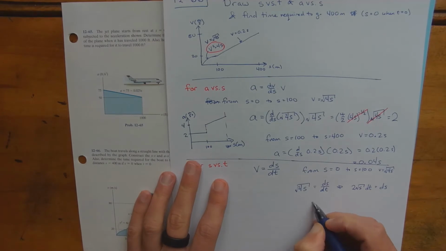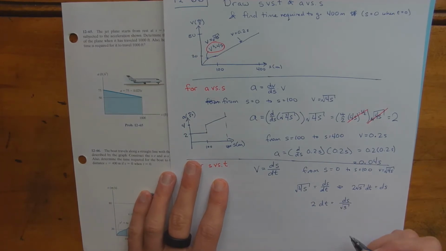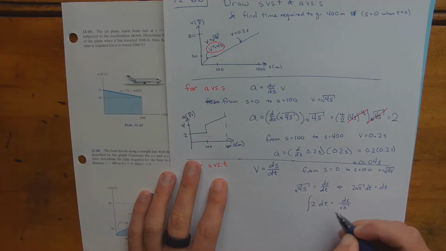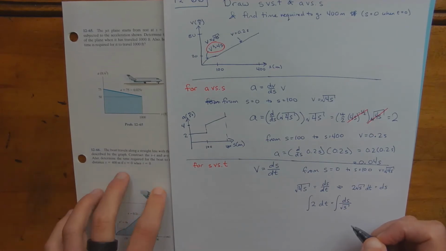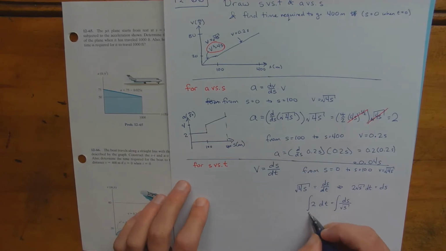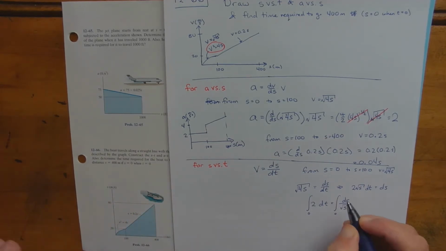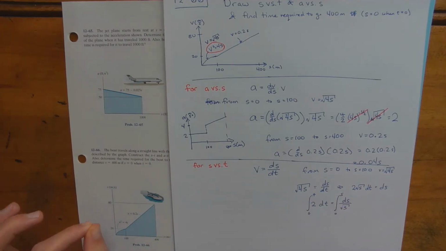So then I have 2 dt is equal to ds over the square root of s, and now I can integrate. What you have to be careful about here is putting in the limits of integration because we want position as a function of time. So we're going to start at 0 because we're going from 0 to 100. And then your upper limit of integration, because you want position as a function of time, it's just going to be s and t.